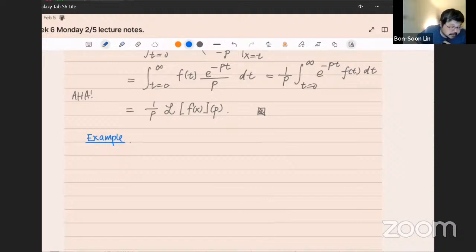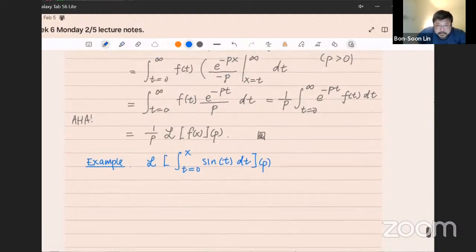Let's calculate the Laplace transform of the integral of t going from 0 to x of sine of t dt. Let's see what we should get by using this rule.